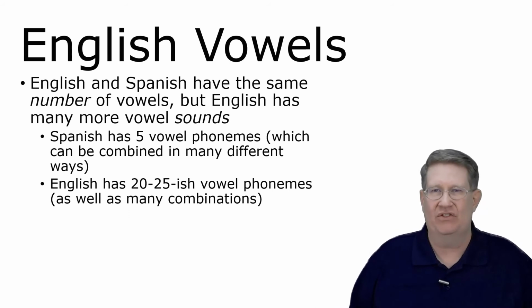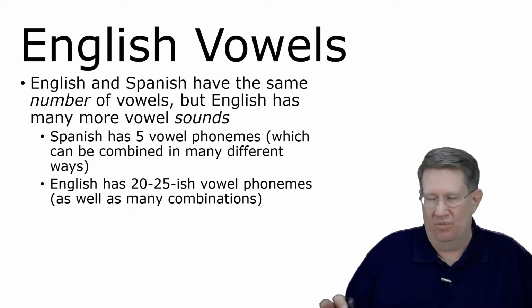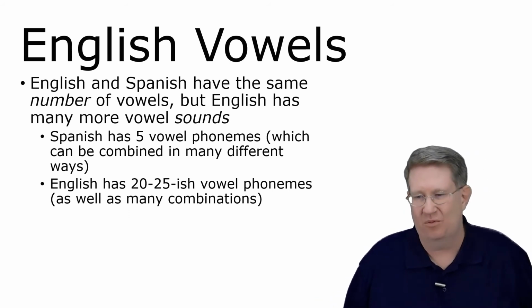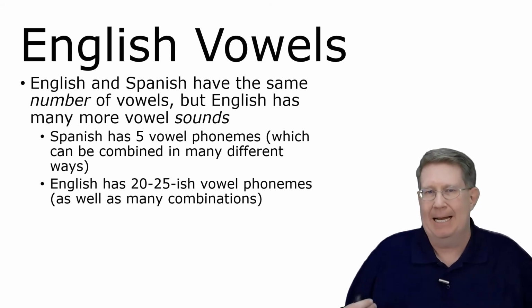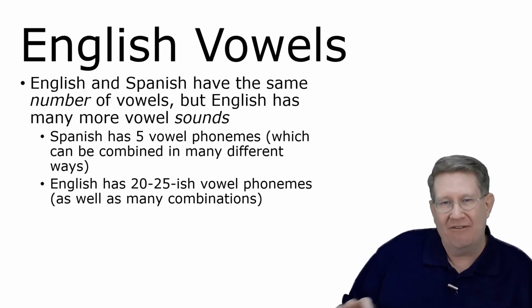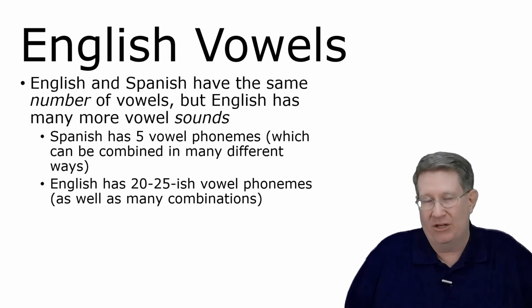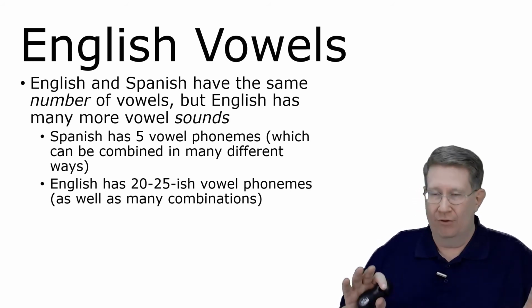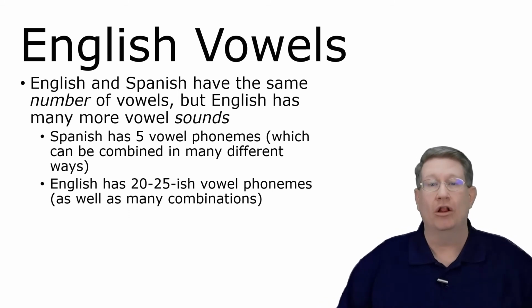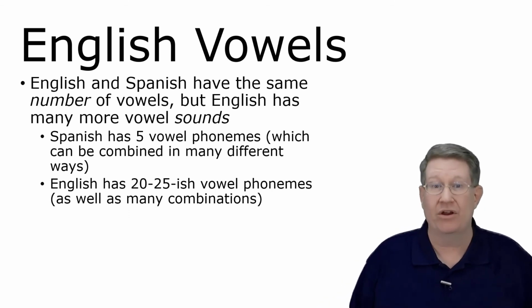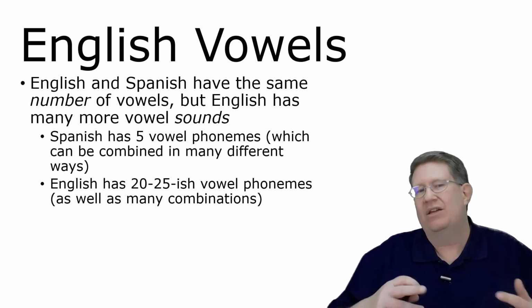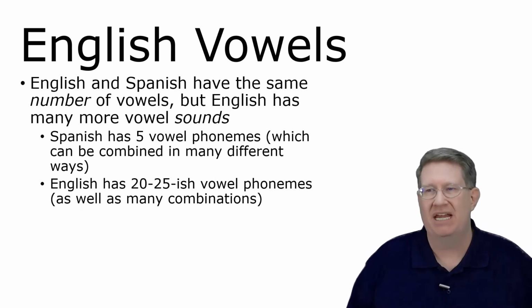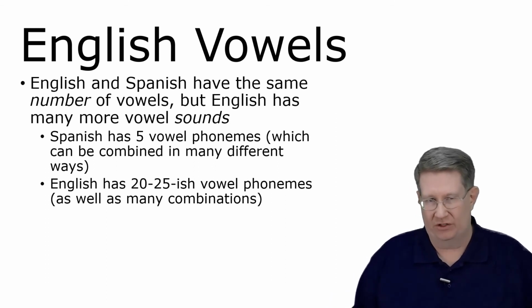It kind of depends which linguist you're looking at, which reference you're looking at. 20 to 25 vowel phonemes, as well as many different combinations. Here's the good news. No variety of English uses all of those, so it kind of depends where you're learning English. But I think you see the point. English has many more vowel sounds than Spanish does.